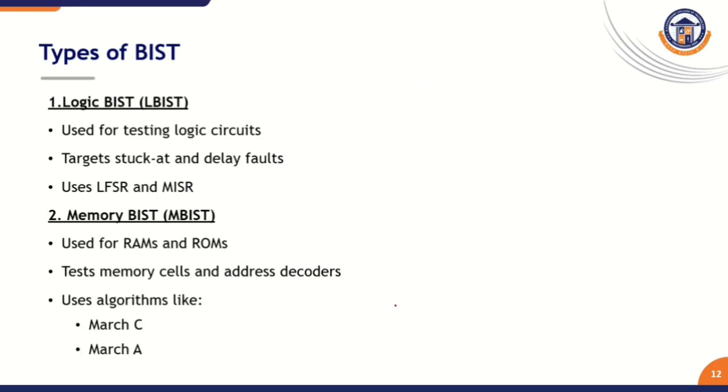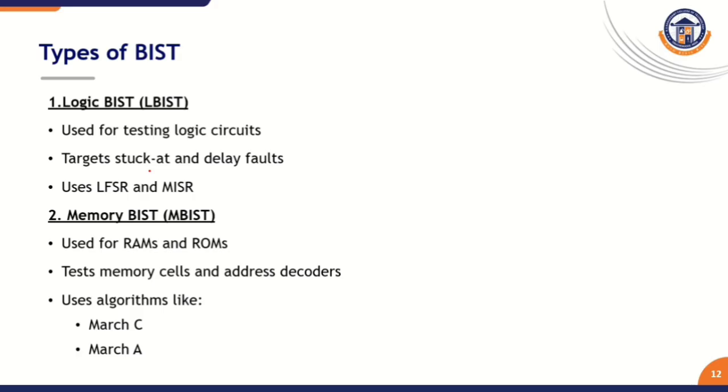Next, what are the types followed in built-in self-test? BIST can be classified into different types based on application: logic BIST, memory BIST, online BIST, and offline BIST. Logic BIST is used for testing logic circuits and targets structural and delay faults.